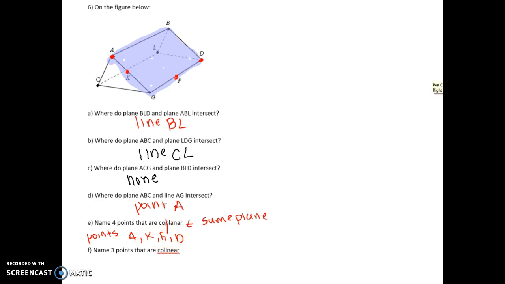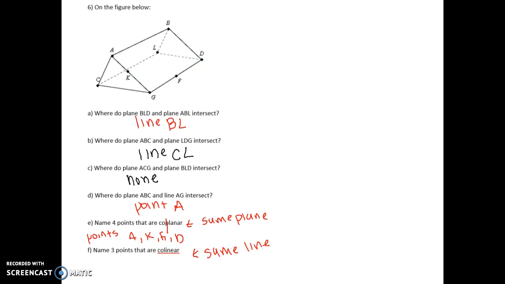The last one says, name 3 points that are collinear. If coplanar is on the same plane, then collinear is same line. So let's not make the same mistakes we've been doing.